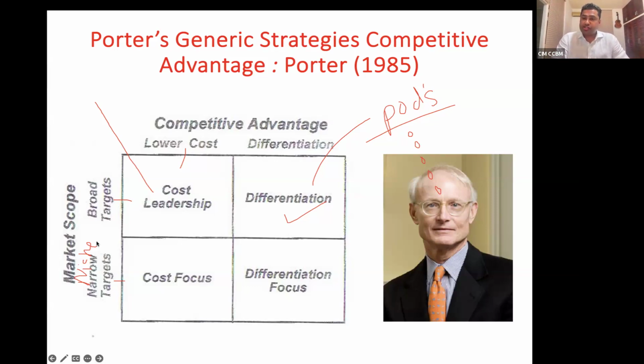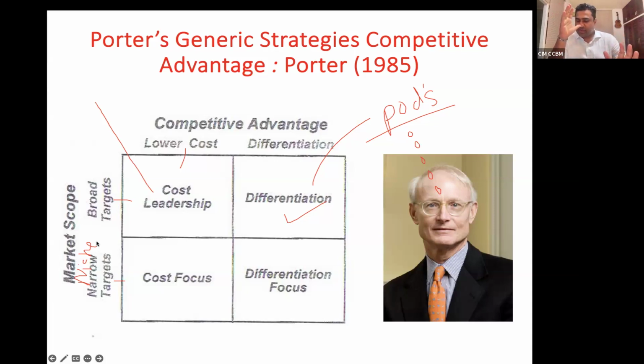Another word for it is a niche market, N-I-C-H-E. Pronounce it properly. Niche market. So niche market means you are going after a very small market, but you can be very highly priced.